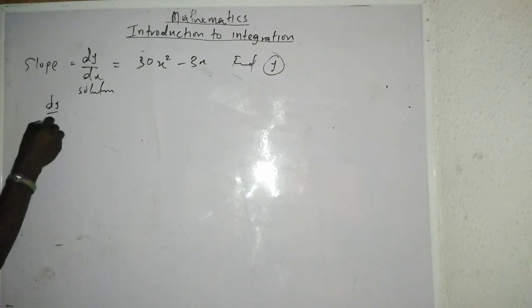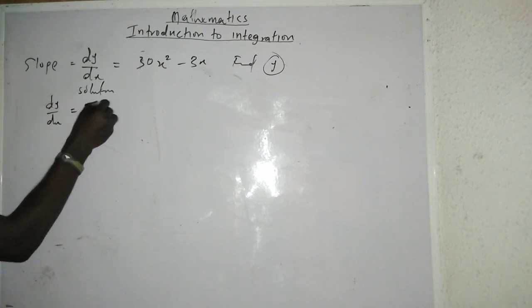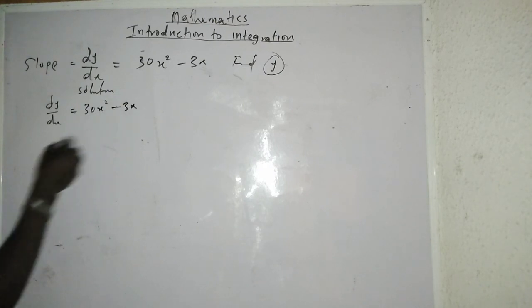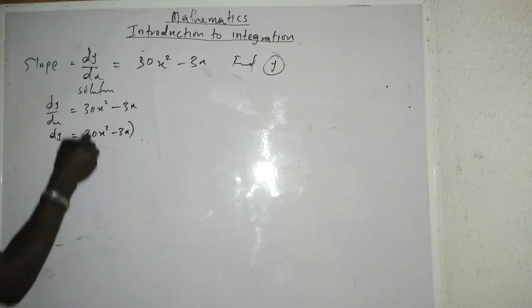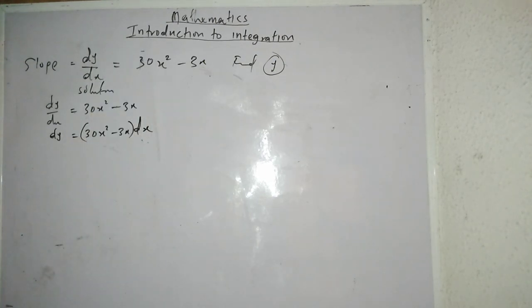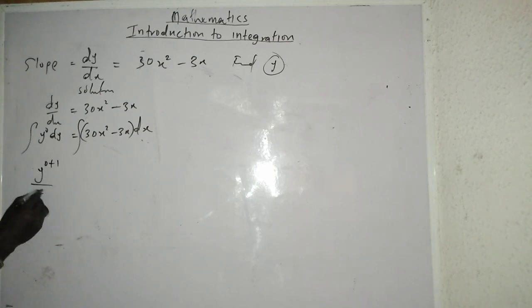Now, my dy/dx is equal to 30x squared minus 3x, which I have y equals the integral of 30x squared minus 3x, all bracket, dx. Now, on this one I'm having y raised to power 0 integral, and I'm integrating here. Now, what I'm having here means y raised to power 0 plus 1, all over 0 plus 1. I won't attach a constant to it because it's an independent variable.